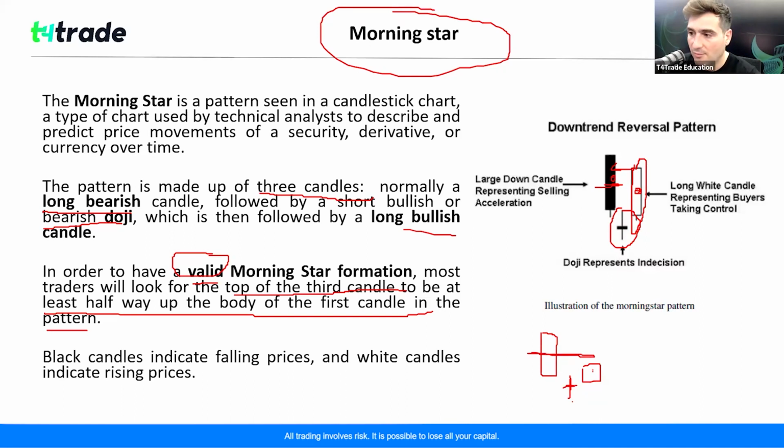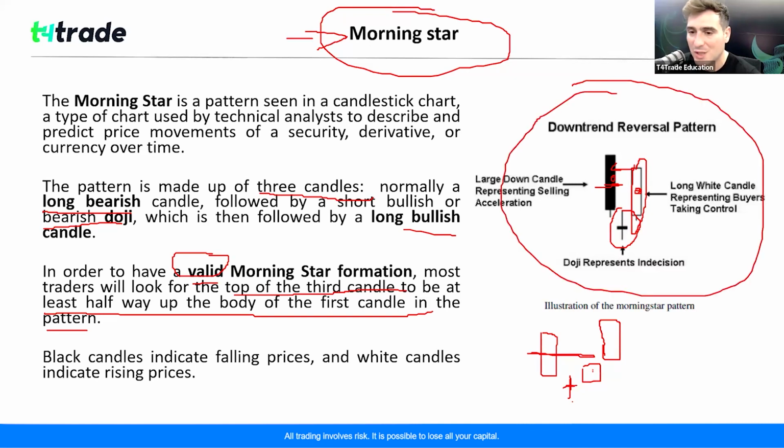This needs to be at least halfway. If it does not, it does not mean the pattern shall be discarded as quickly. If the next candle does this, then you have a confirmation. But in order for this to be branded as a morning star pattern formation, you need all these parameters to match these descriptions.